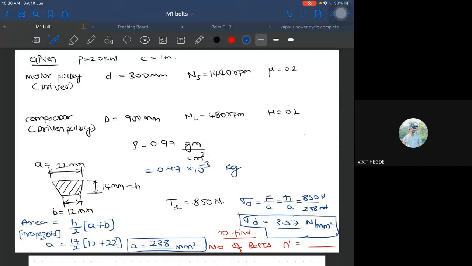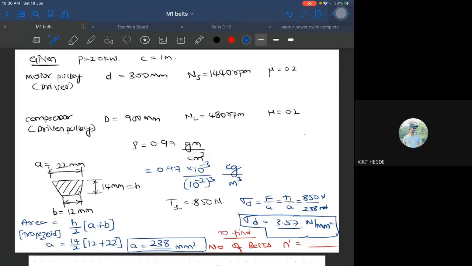Kg is done. Centimeter cube I have to convert into meter cube. 1 centimeter is equal to 10 to the power of minus 2 meters, whole cube. Now what I have got is kg per meter cube as density.